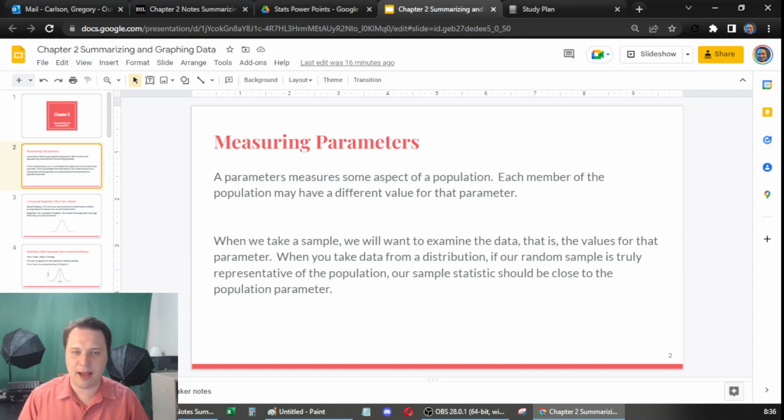Importantly, every member of the population probably has a different value for that parameter, which makes this all the more tricky. So when we take a sample, we want to examine the data, that is, the values for that parameter. And so, as we said in Chapter 1, if you have a truly random sample, then you can get pretty accurate results of your population parameter. And so the difficulty is in getting that random sample.